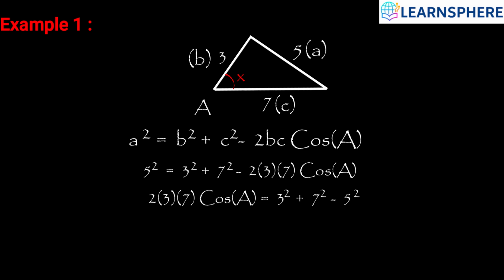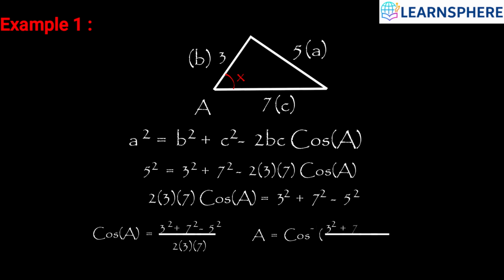Then we can make cosine A the subject by bringing 2, 3, and 7 to the right hand side, which will give us 3 squared plus 7 squared minus 5 squared over 2(3)(7). And to solve for the angle, we can simply cosine inverse the values on the right, which will give us 38.2 degrees as the answer.